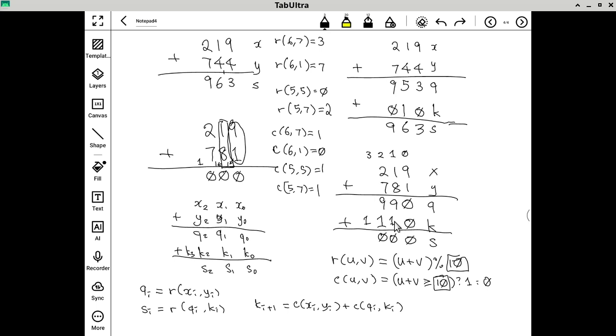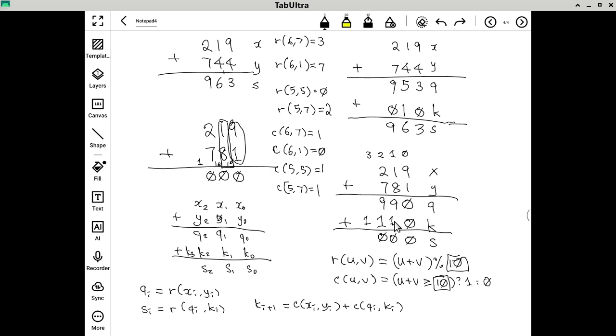Those are the only two places that mention 10. The rest has nothing to do with the base that you're working with, which means it will work in any other base. If I were to switch these two 10s to 2, then I know how to perform addition in base 2. If I switch the 10 to 7, then I know how to do base 7 addition. So that really is important.